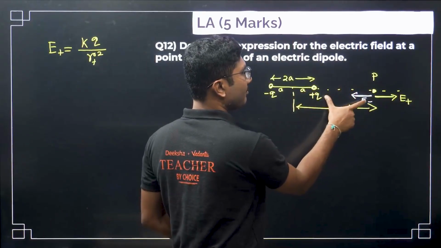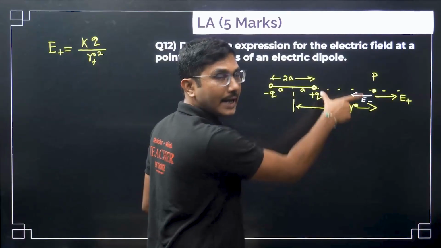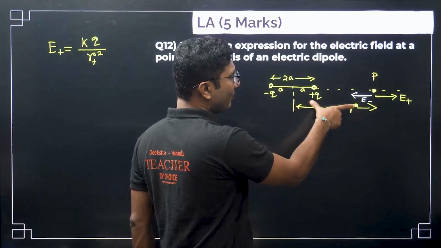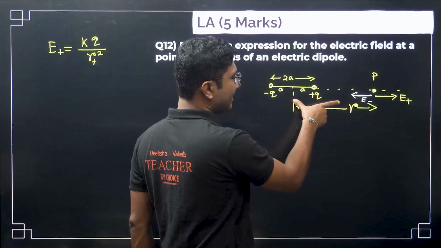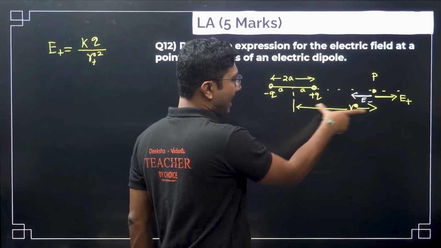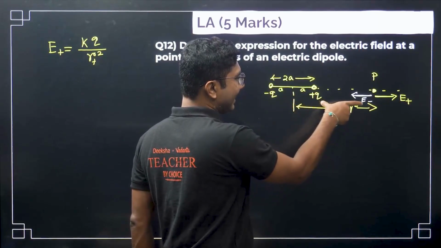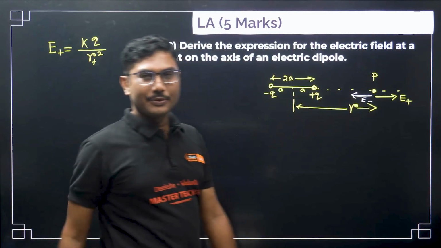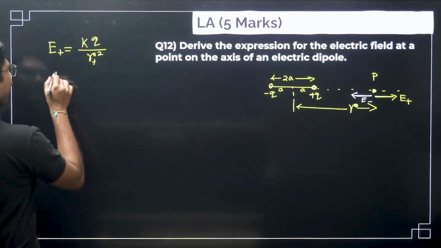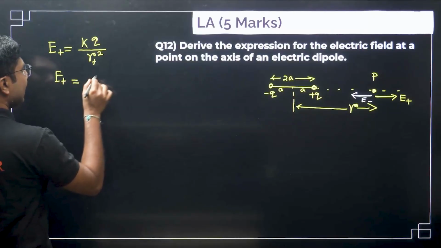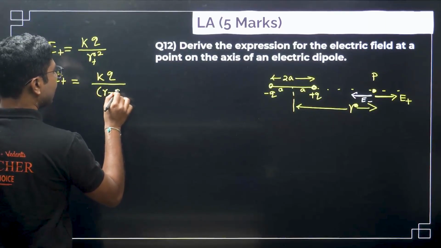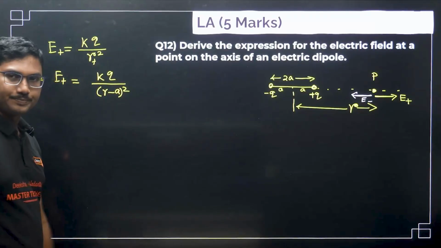If this distance is R, then R has this extra a, so R minus a gives me the distance between the positive charge and the point. So E plus we can write as KQ by R minus a whole square.